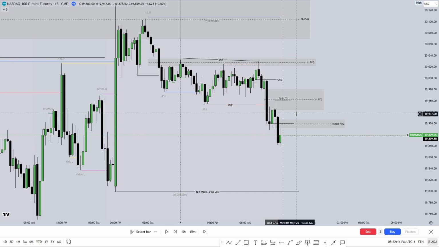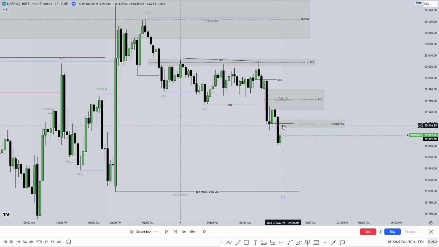So an hourly fair value gap is going to have more meaning in price compared to a 15-minute fair value gap. So you can take trades from here with a 15-minute fair value gap or a 15-minute order block.